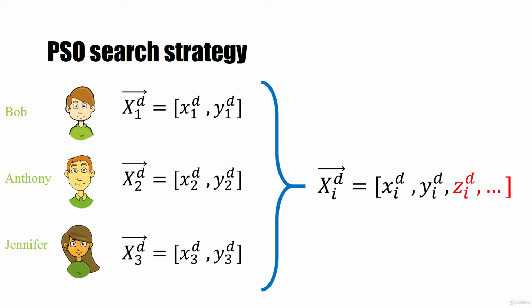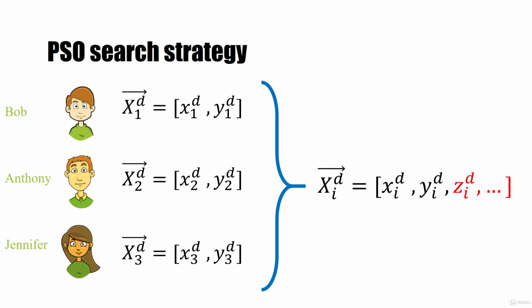We can store them in a vector called X, a capital X. So X1d shows the location of the first team member in the day d. To write a general form, we might replace 1 by i to be able to show the position vector of the ith team member. Also, to be able to move in an n-dimensional search space, we can add more variables in the vector X, as you can see here.